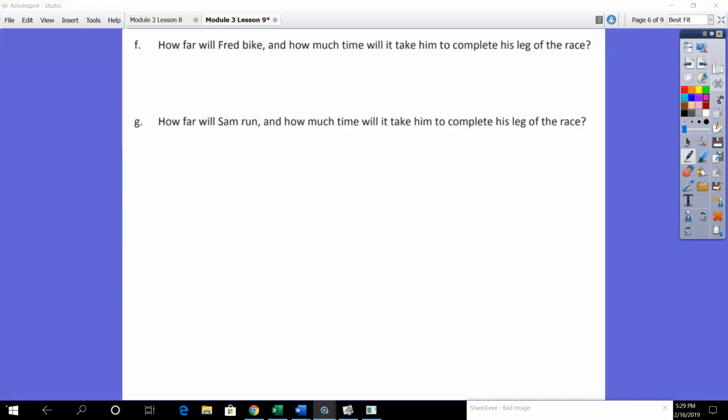Okay, how far will Fred bike? And how much time will it take him to complete his leg of the race? So he was going 8. Distance is equal to the rate times the time.